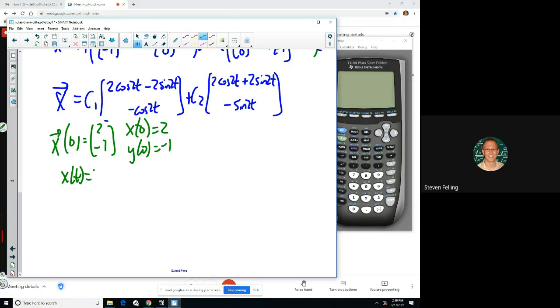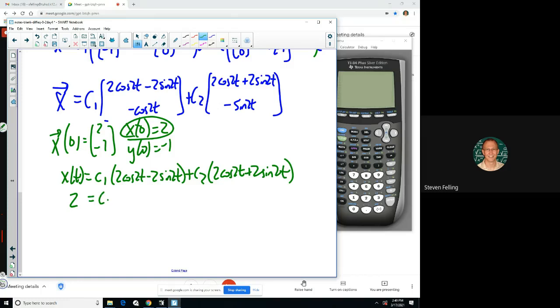It's going to be C1 times 2 cosine 2t minus 2 sine 2t plus C2 times 2 cosine 2t plus 2 sine 2t, which means if I use this initial condition, this is a 2 whenever the time is 0, C1 times 2 cosine of 0 minus 2 sine of 0, plus C2 times 2 cosine of 0 plus 2 sine of 0. And I know some things here. I know that cosine of 0 is 1, and sine of 0 is 0.